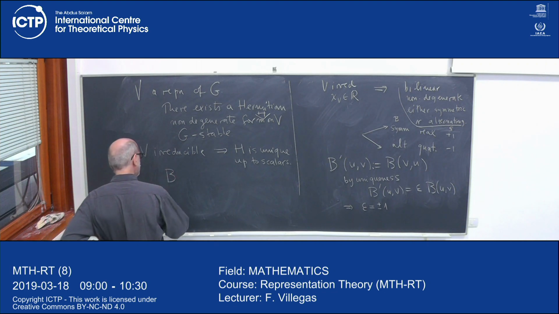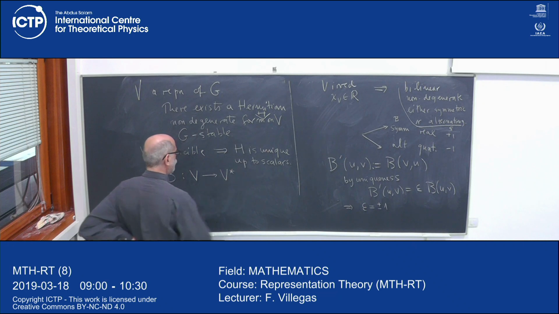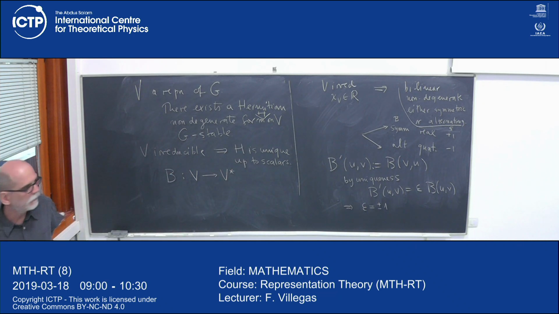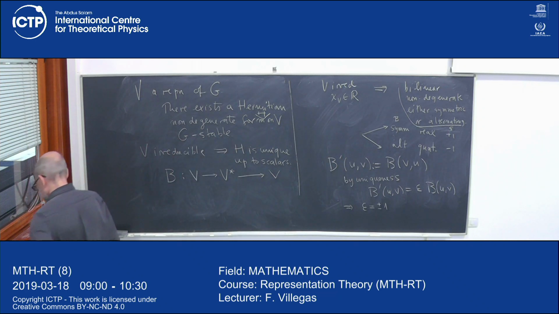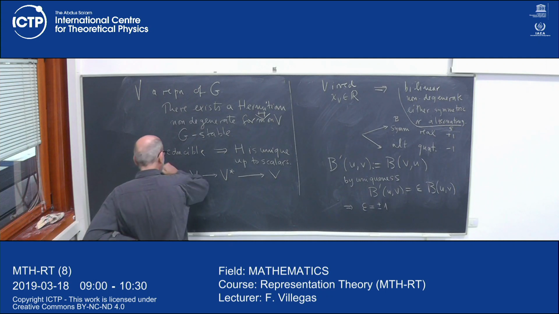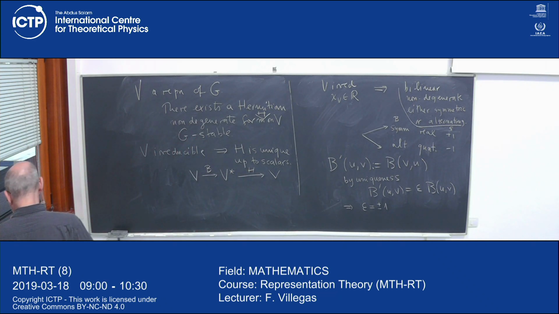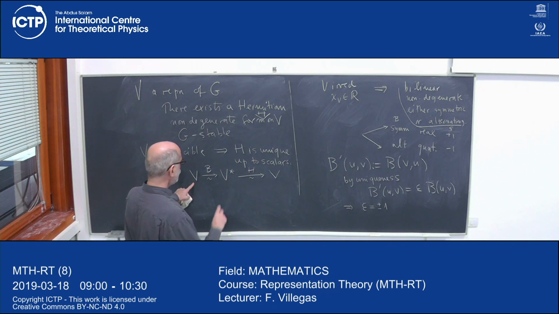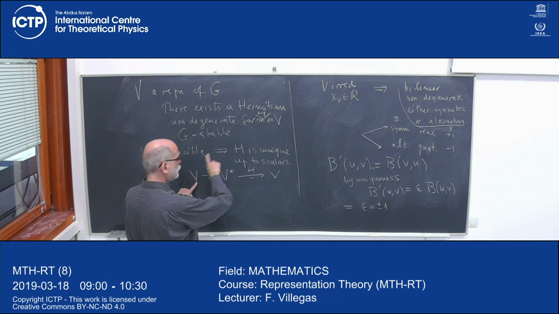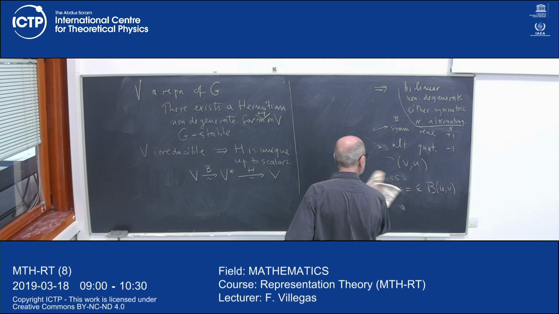Now, B, well, I called it phi before, but I'm using notation a little bit differently, determines an isomorphism from V to V dual, and H, similarly, will define an isomorphism from V dual to V. So what this means is that, by B and H, we have a map from V to V that is, well, let me be careful.